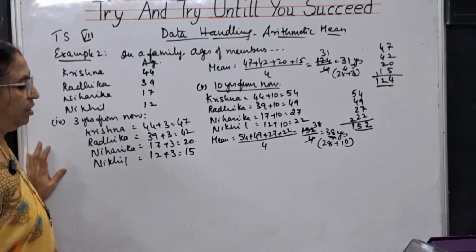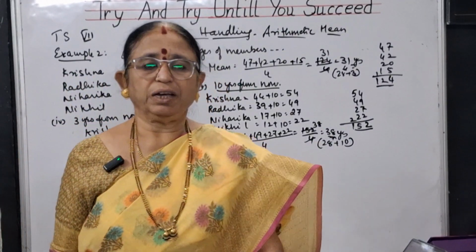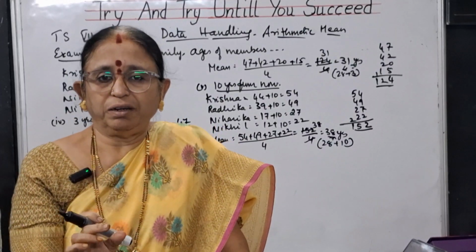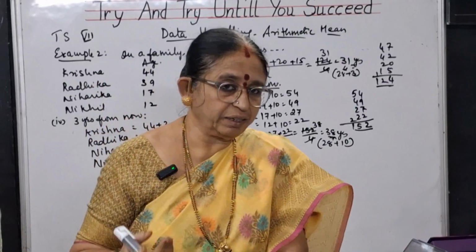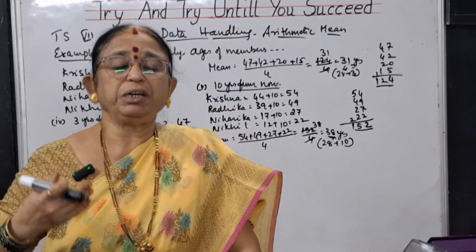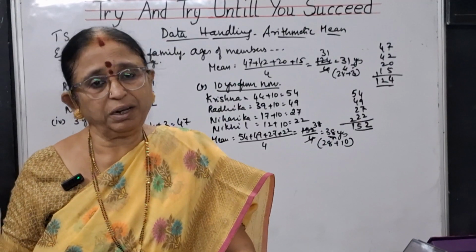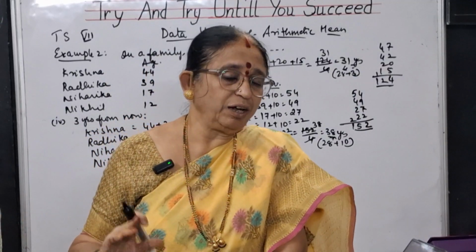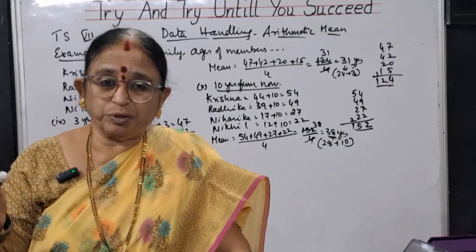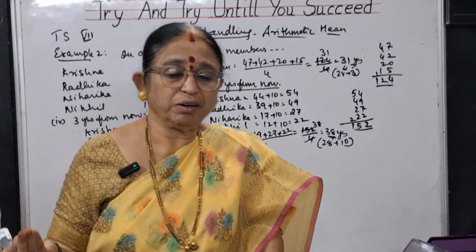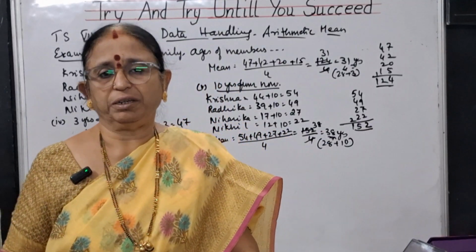So with this example, you can very well say that if each observation is added with the same number or subtracted with the same number, the mean of the first case, for that the same number according to the problem is either added or subtracted to find the mean. You need not go for the total procedure of subtracting the number or adding the number and dividing, because it is a property of arithmetic mean.